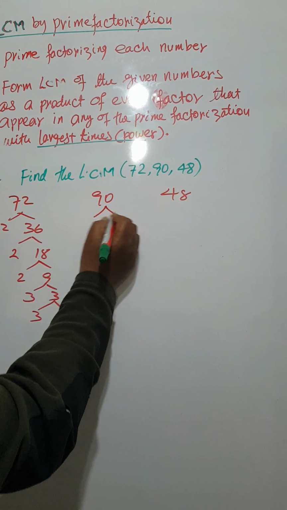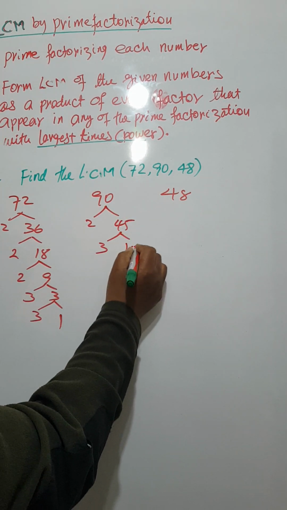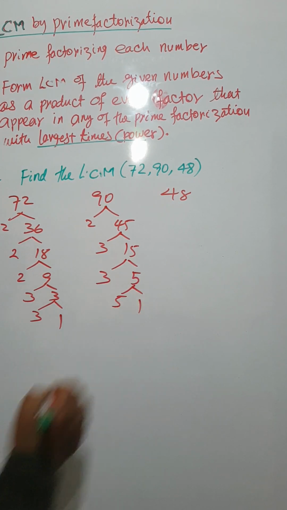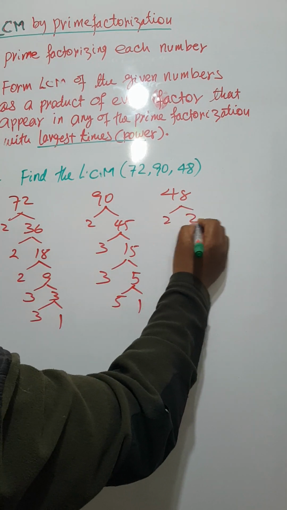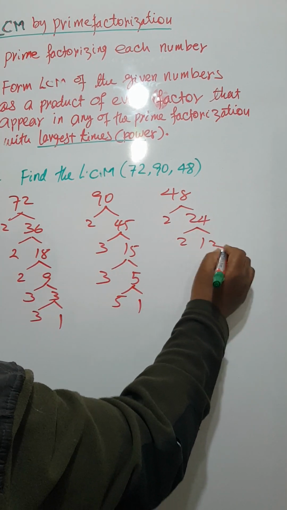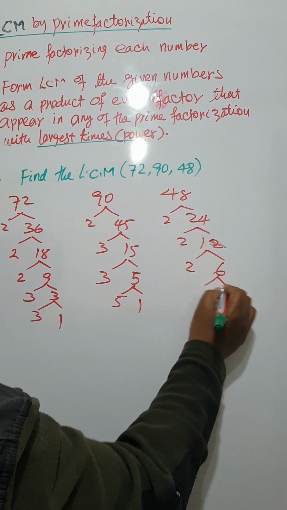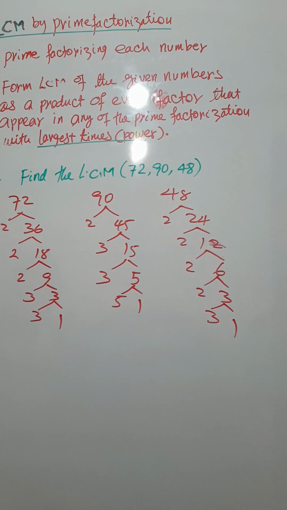And 90 by 2 is 45, by 3 is 15, again by 3 is 5, by 5 is 1. 48 by 2 is 24, 12, again by 2 is 6, by 2 is 3, by 3 is 1. So this is how we prime factorize these 3.